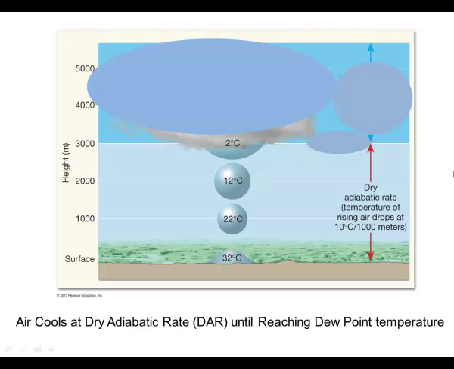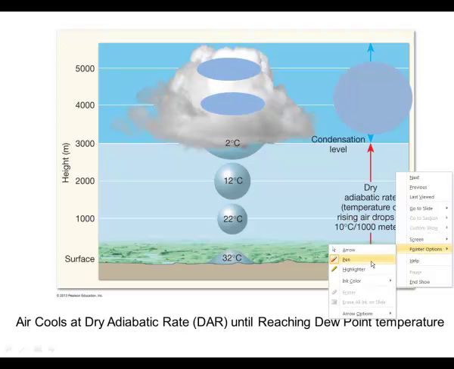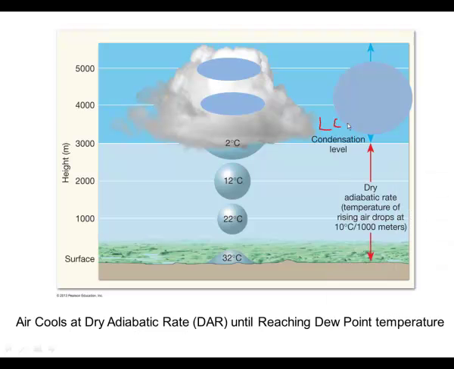Now, do you see where I would say 3,000 meters is the lifting condensation level? I know it says condensation level, but put LCL there. That is your LCL. That's supposed to be an L. The reason is on this figure you can see condensation occurring.